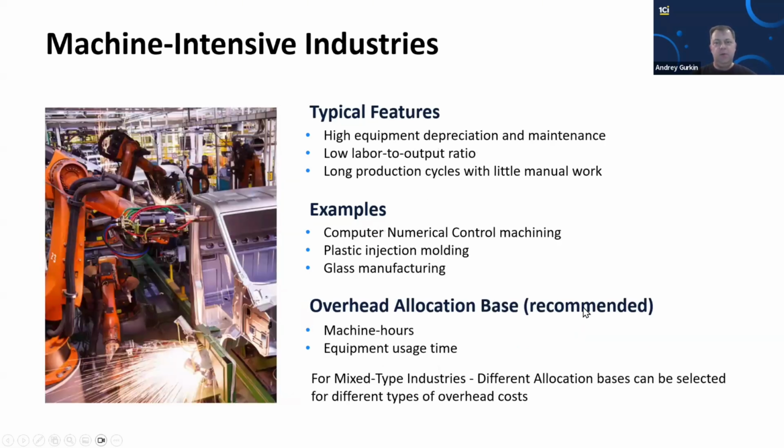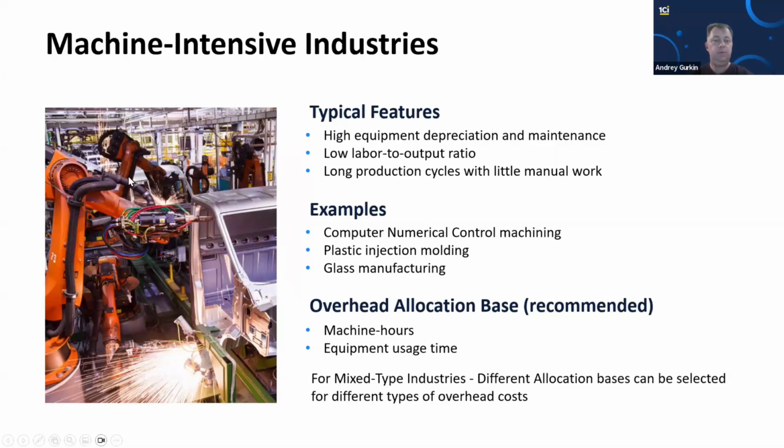The next one: of course, nowadays in the 21st century, we have a lot of machines. Regarding typical features of these companies, it's mostly high equipment depreciation and maintenance, because we're using very expensive machines with computer numerical control, etc. Also a low labor to output ratio, or a long production cycle with tiny little manual work.